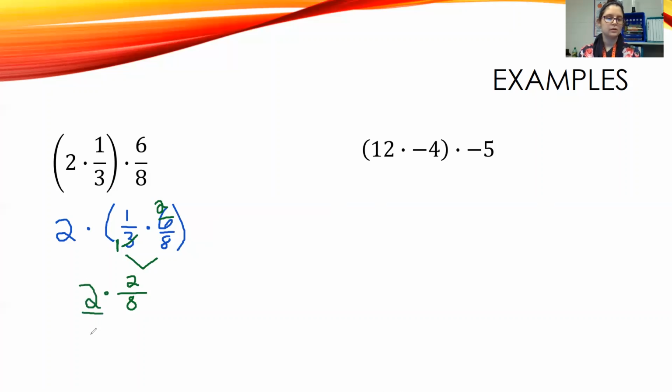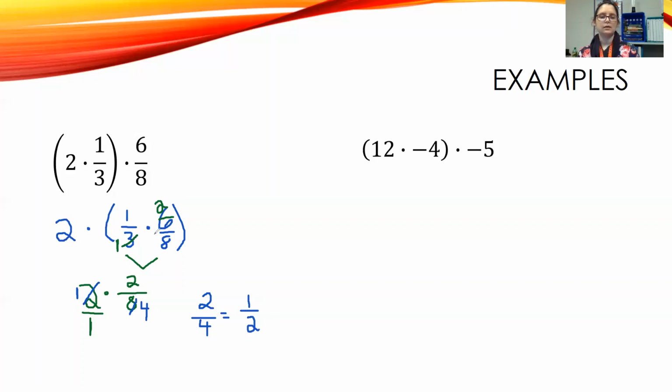I have to put it over 1. I can still factor out a 2 between the 2 and the 8. 2 divided by 2 is 1. 8 divided by 2 is 4. So I'm left with 1 times 2 is 2. 1 times 4 is 4. I can simplify this further because I know 2 over 4 is the same as 1/2.